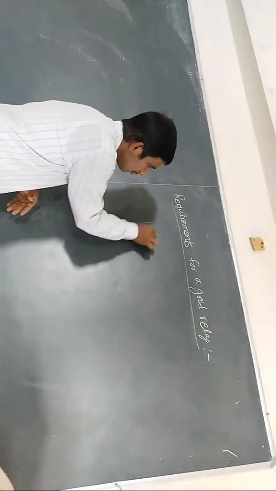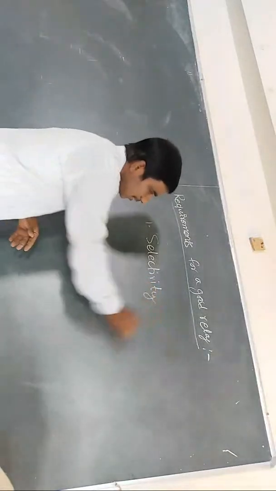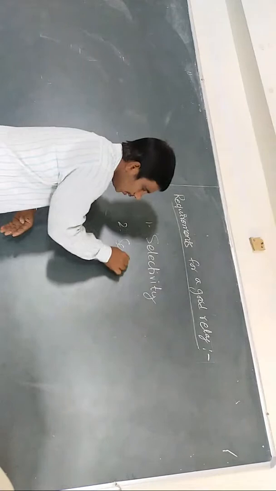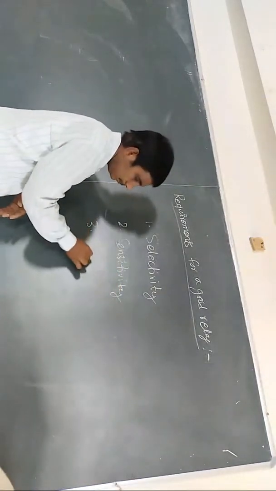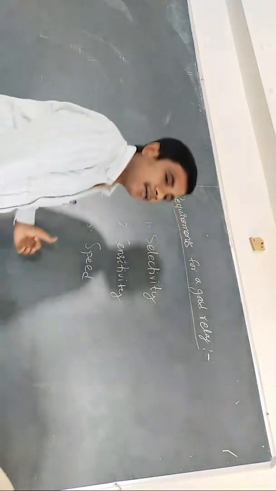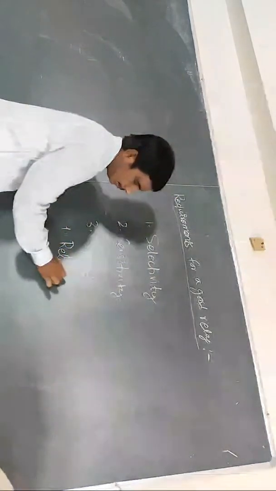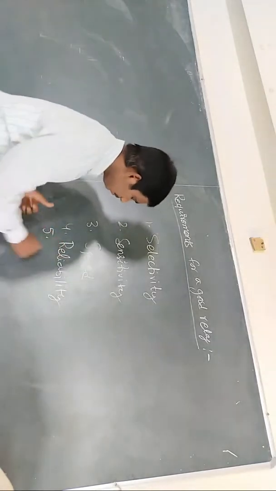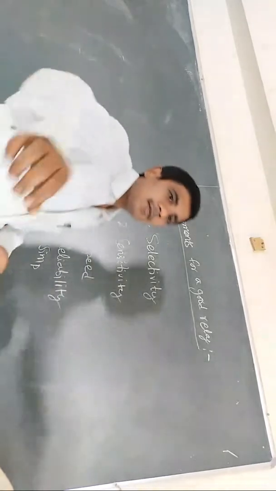Selectivity is one of the good requirements. Selectivity, sensitivity, speed, reliability, and simplicity. Is it visible or not? Is it visible?